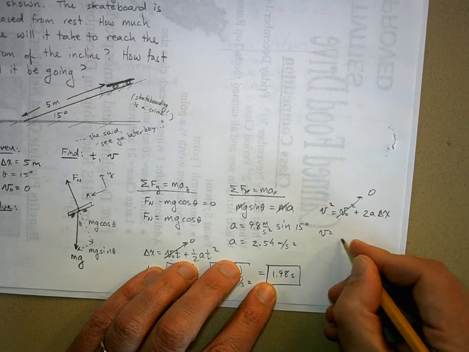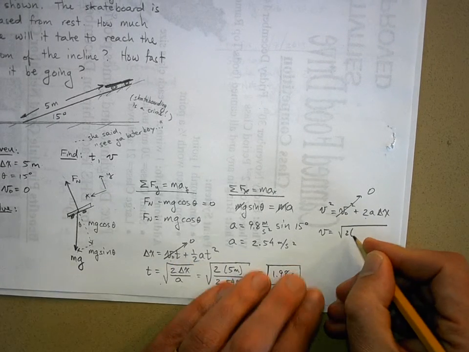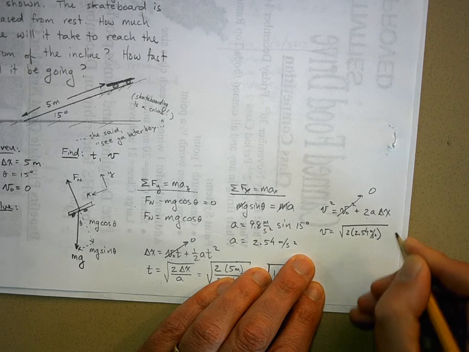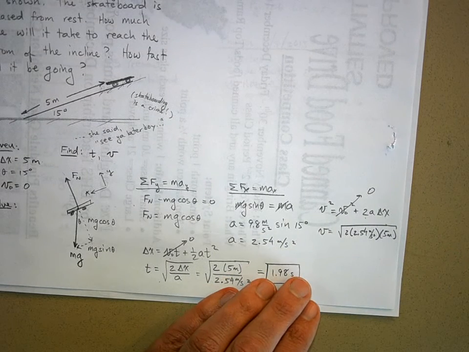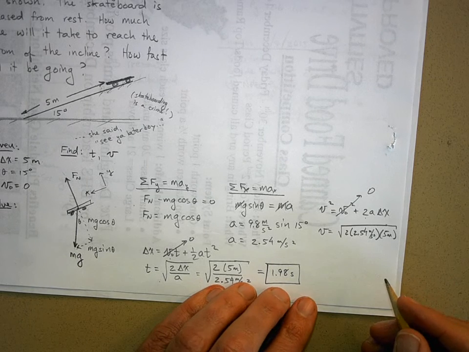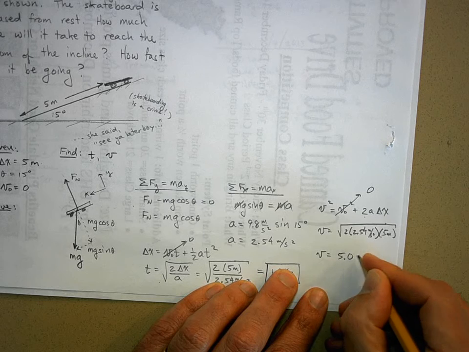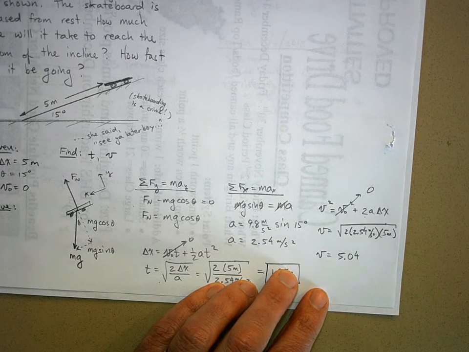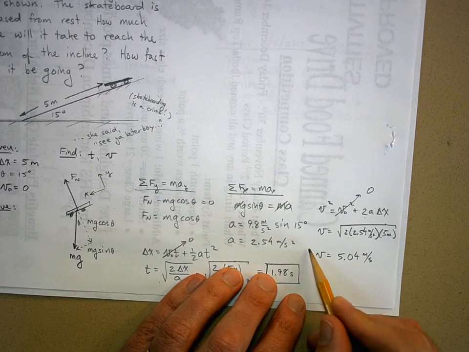So v is equal to the square root of 2a delta x, which is 2 times 2.54 meters per second squared times 5 meters. So that's something like 5.04. I think that's right. Meters per second. And we're done.